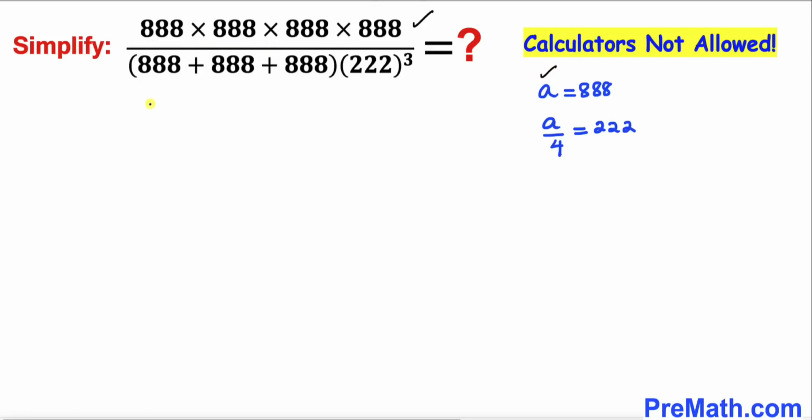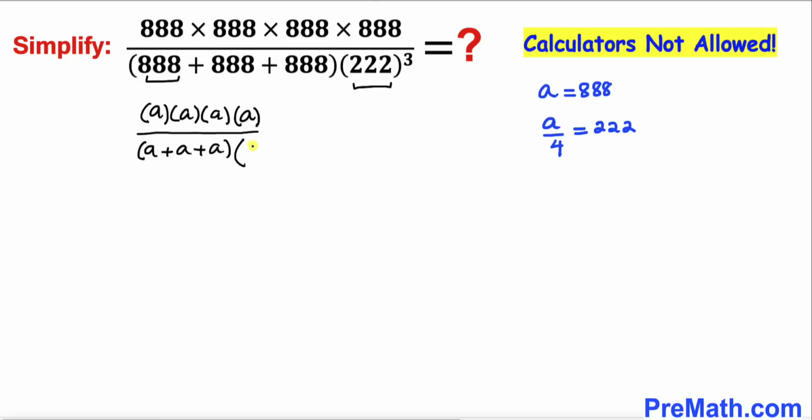At the top, it could be written as A times A times A times A at the numerator. And at the denominator is going to be A plus A plus A. I replace each and every 888 by A again, and then we are going to write down this one as A divided by 4 whole power 3.